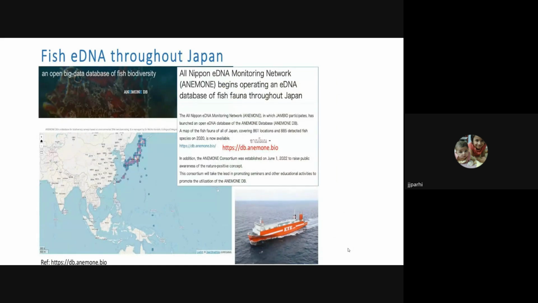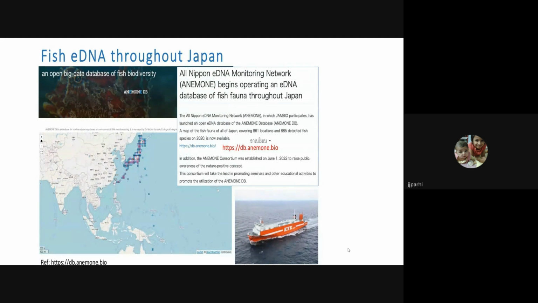And so in fisheries, there are some examples, like in Japan. I've taken this slide from there. So they have been using the eDNA technology. They are trying to identify different locations, 860 locations or so.